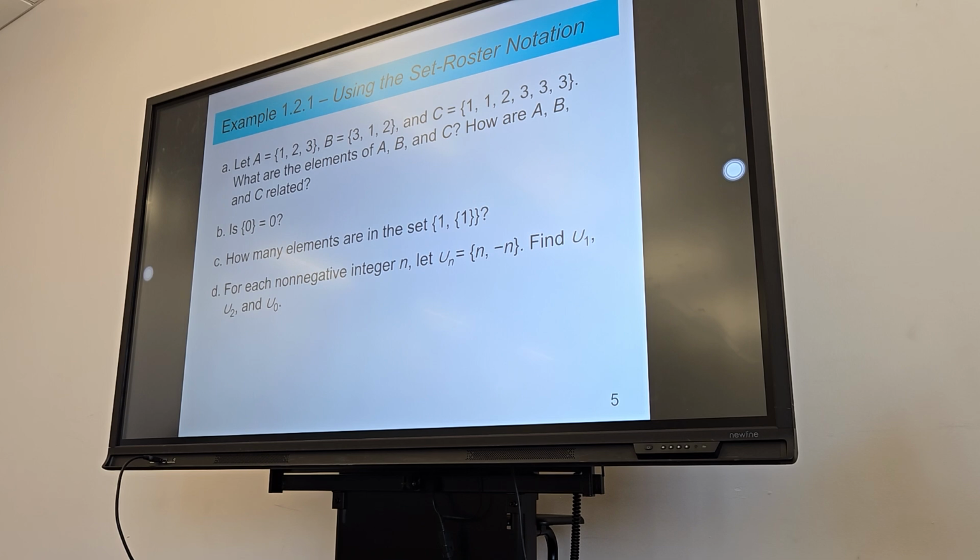How many elements are in the set with 1 and another set with 1 in it? There are 2 elements. The number 1 and another set with the element 1 in it. This is kind of like a two-dimensional array in C++. I don't know if you've gotten into that sort of thing yet, but a set can have sets as elements.